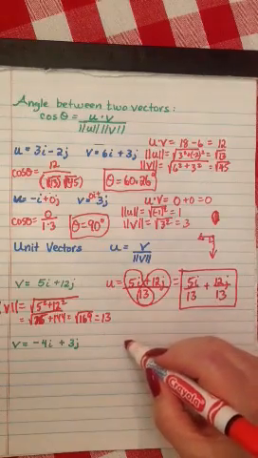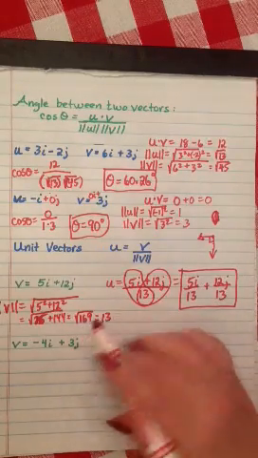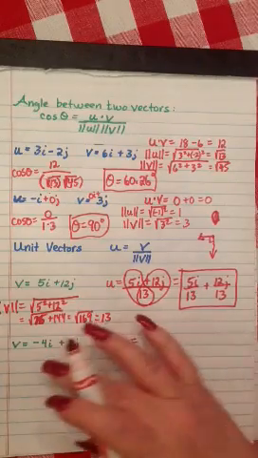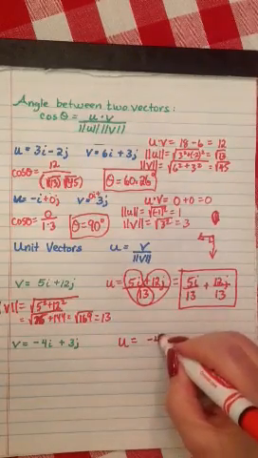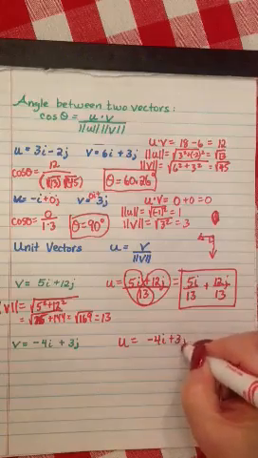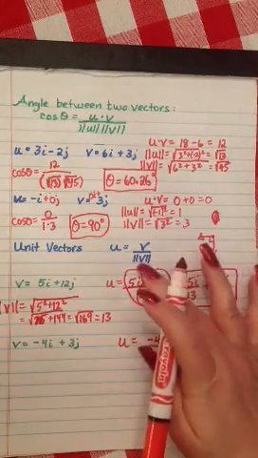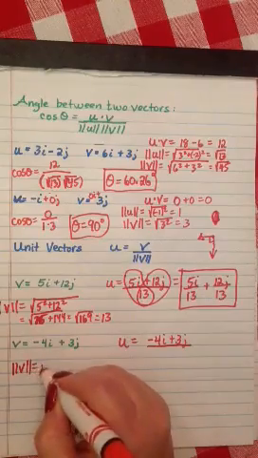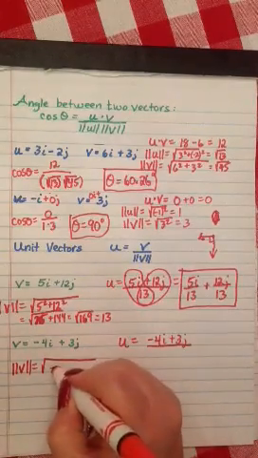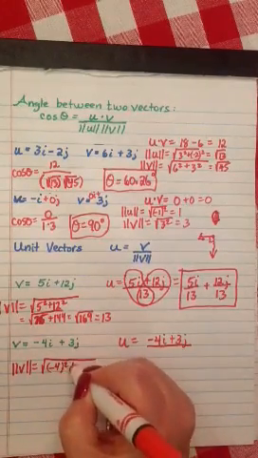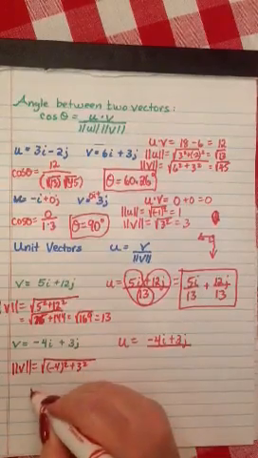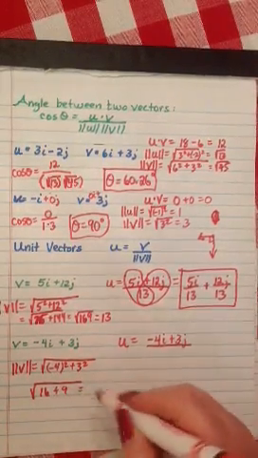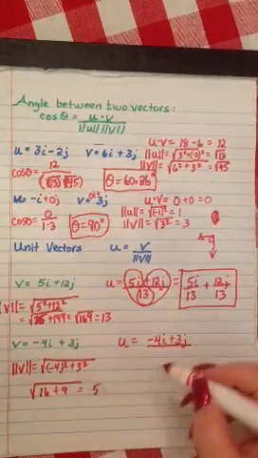All right, so for my second problem right here, we would say the unit vector is, you always put the vector v on top just the way it is, negative 4i plus 3j. Then divided by the magnitude of v. So the magnitude of v would be equal to the square root of negative 4 squared plus 3 squared, which would be 16 plus 9, which is 25, and the square root of 25 is 5.